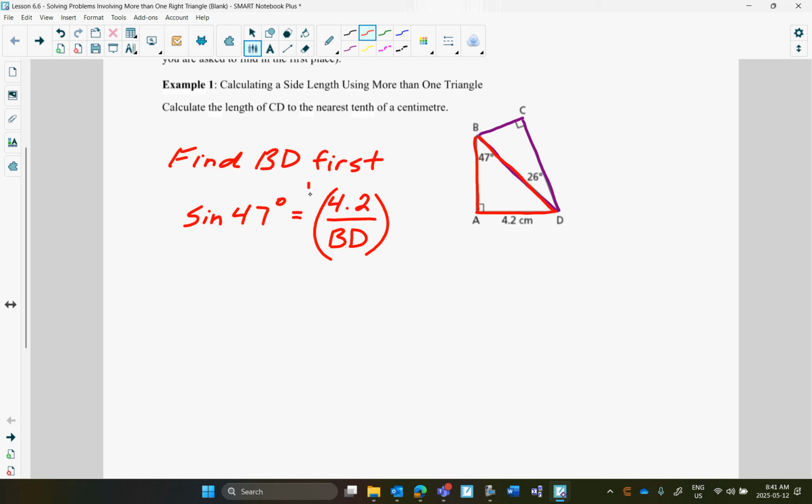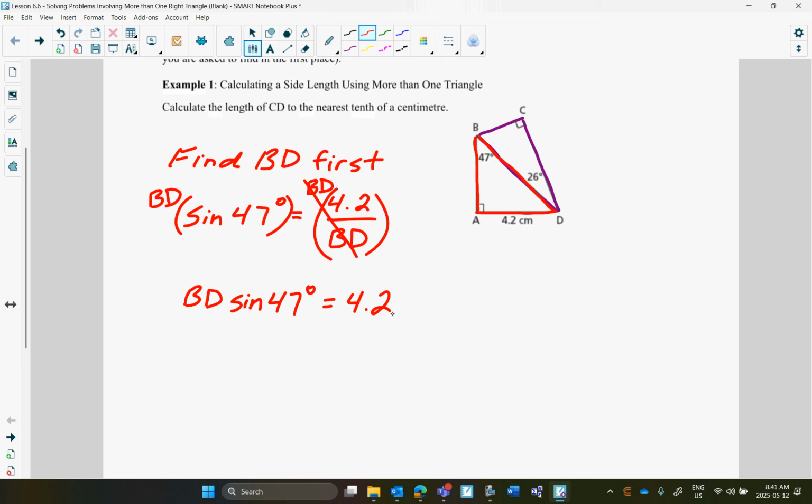First of all, I have to times both sides by BD to get rid of the fraction. So I'm left with BD times the sine of 47 degrees is equal to 4.2. How would I get BD by itself?